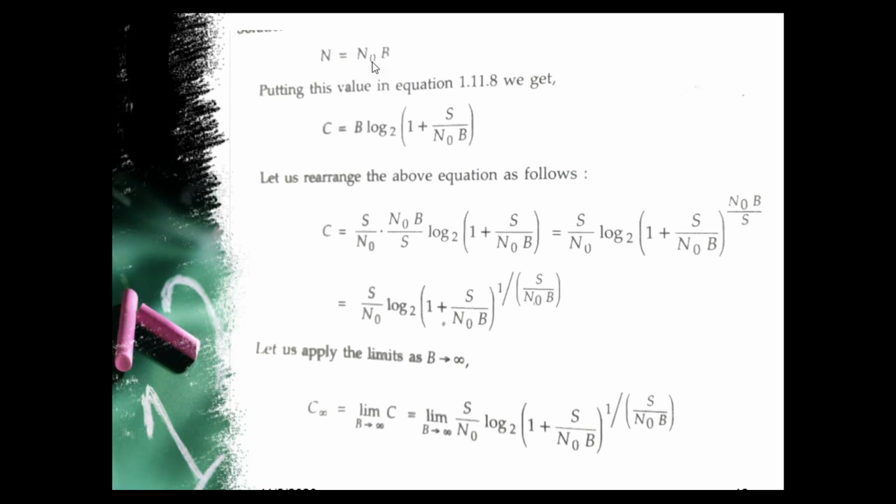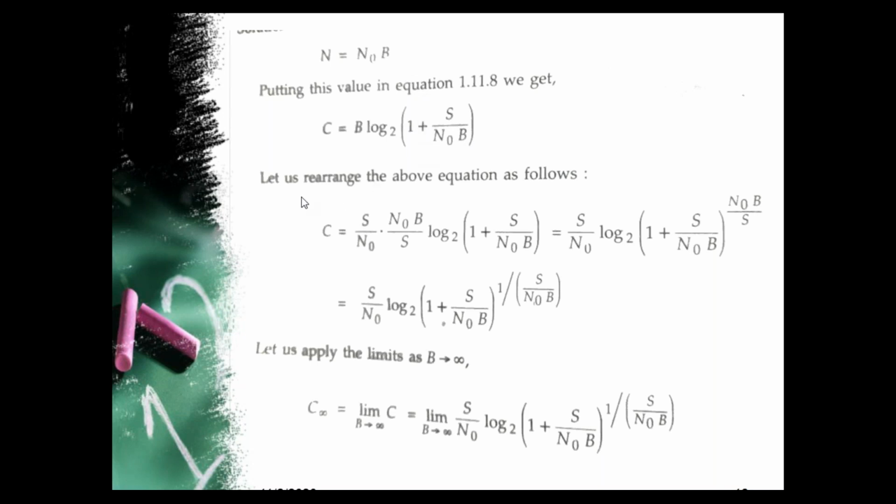Here we know that noise power N equals N0 into B. Initially we substitute N equal to N0B in the expression for the channel capacity, that is C equal to B log(1 + S/N). Note this derivation: the noise power N equal to N0 into B is substituted in the expression for the channel capacity.